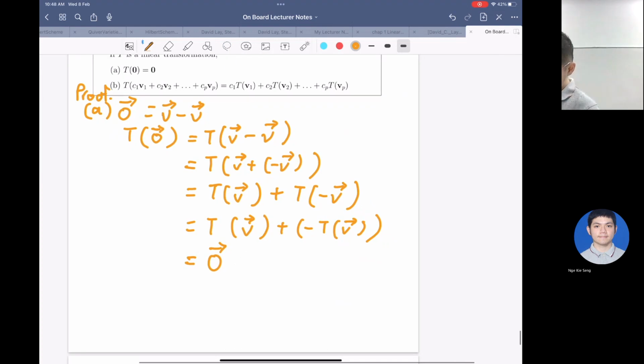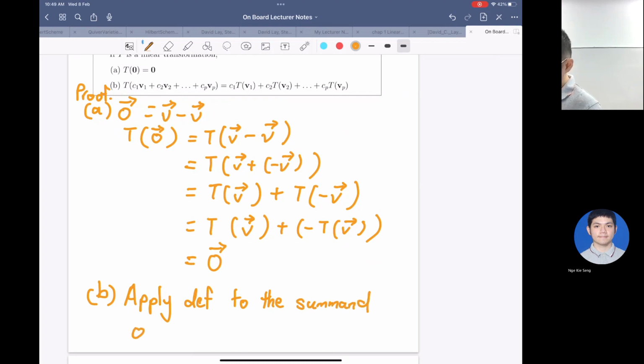And then part B: you can split the sum, and then you pull out the scalar. You just apply the definition one by one to the summands, meaning to all these vectors one by one.